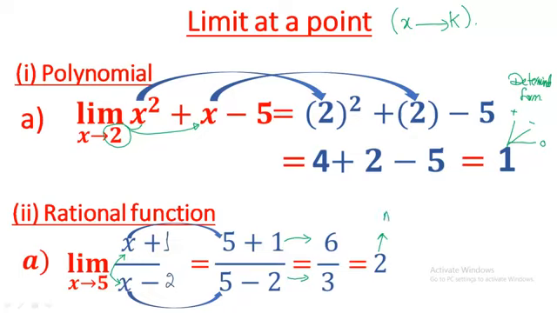Because the answer is a number, we call it determinate form and it is accepted. So we conclude that when we have limit as x tends to a number, we will substitute that number instead of each x.